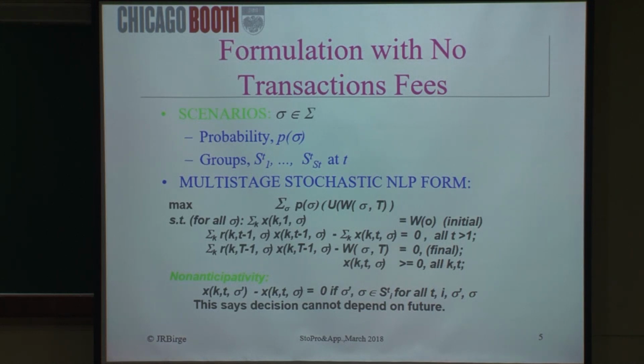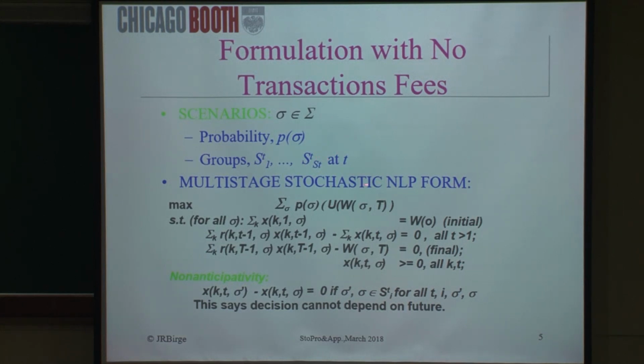So that's the probability of the entire path. I group the paths together if they have the same information. So at time t, all the scenarios that have the same information are in one group, and there are S_t groups at time t.